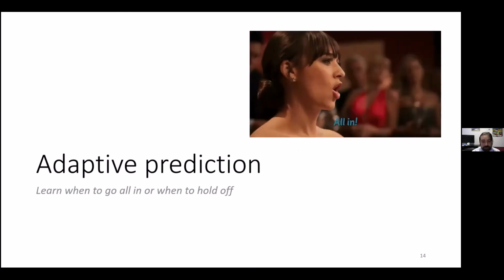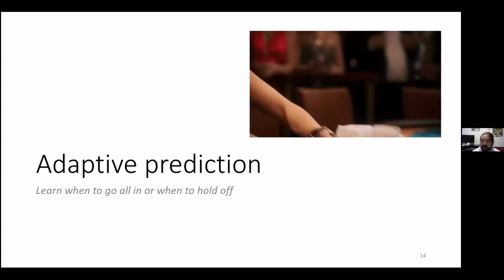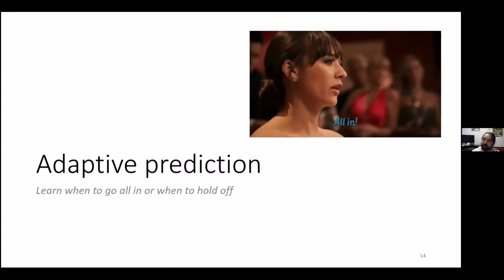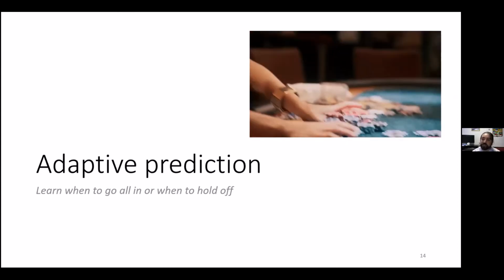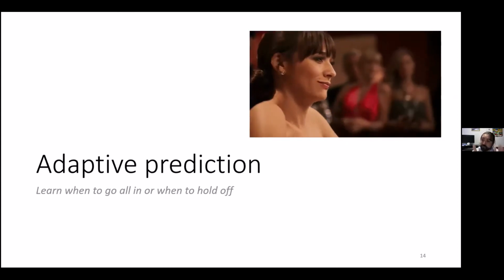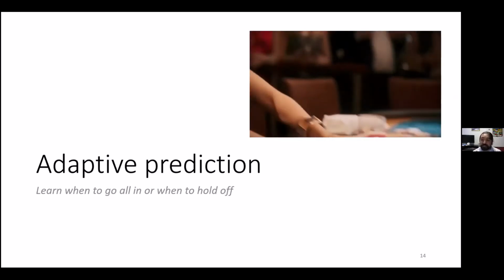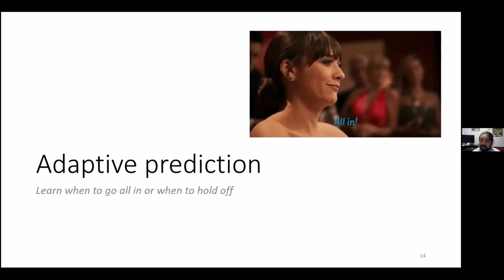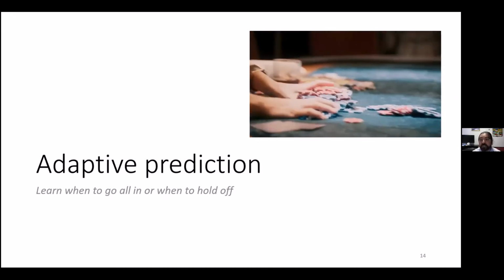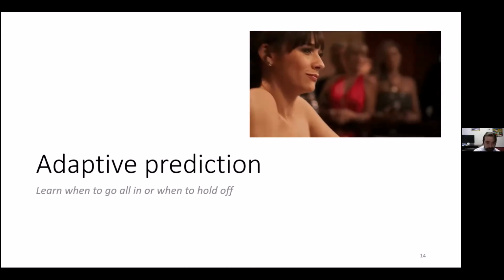On the adaptive prediction side, as I mentioned, I'm thinking about this as a cost-benefit analysis as to when listeners should commit fully to predicting and go all in versus when they should actually hold off, because prediction in that moment would actually increase the likelihood of garden paths.